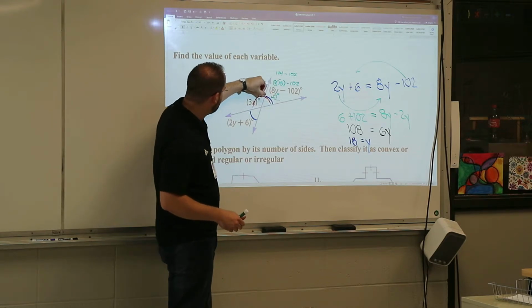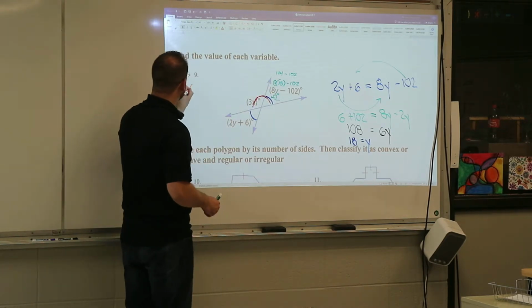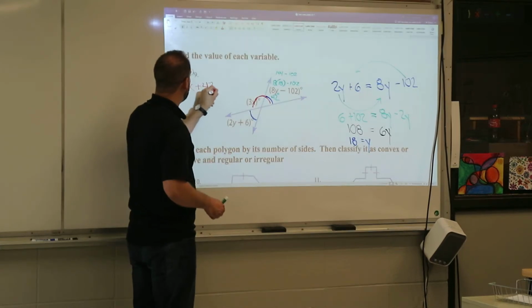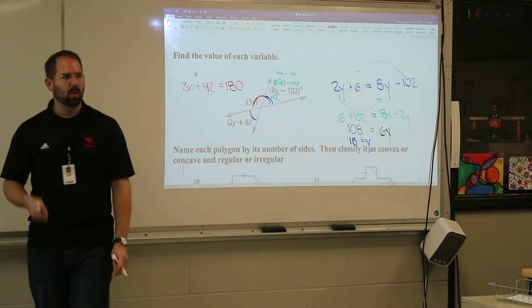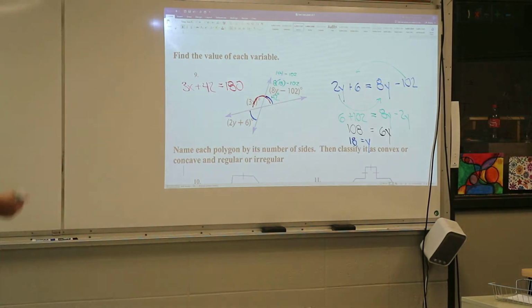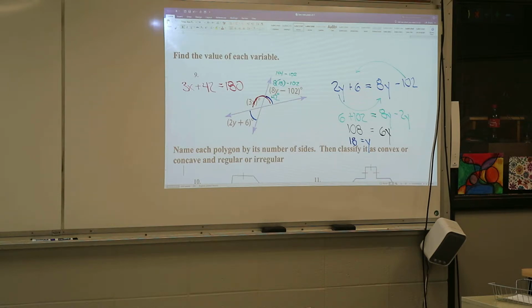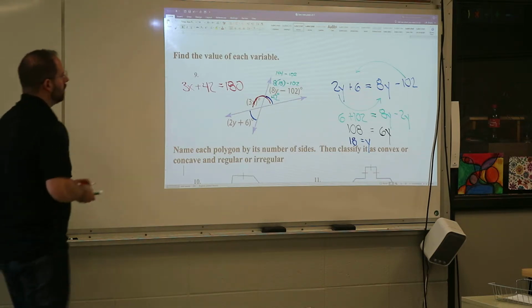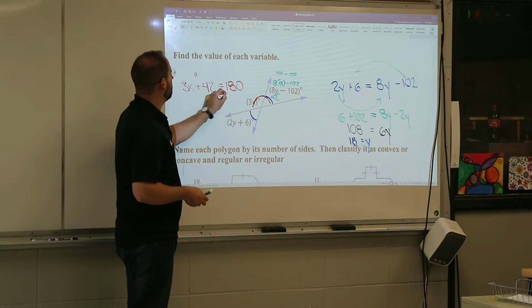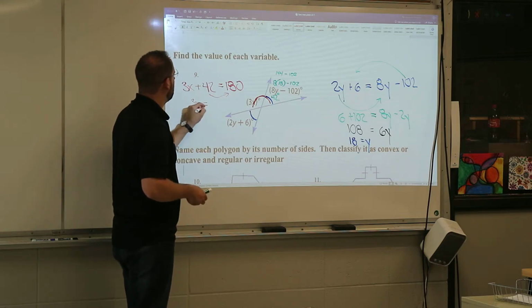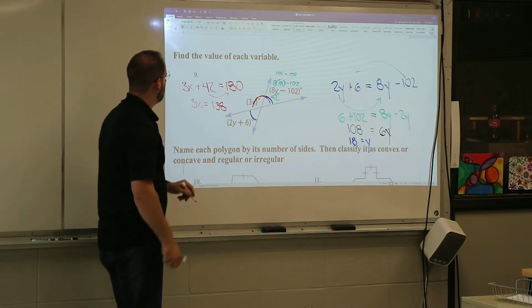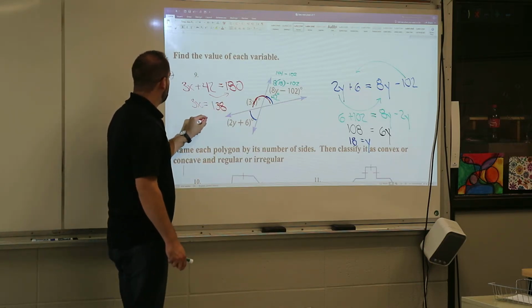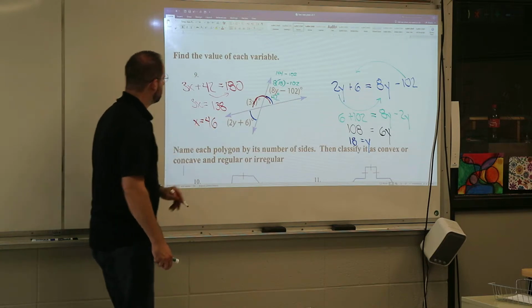Yeah, these two have to add up to be 180. So 3x plus the 42 now has to make 180. They're making what they call a linear pair or supplementary. Two angles that are side by side that make 180. So that's why I plug the 18 back in, because now I can find the angles that are next to each other. So then you can subtract, and what is that? 138. And then divide by 3 and you get 46. Yep. Okay.